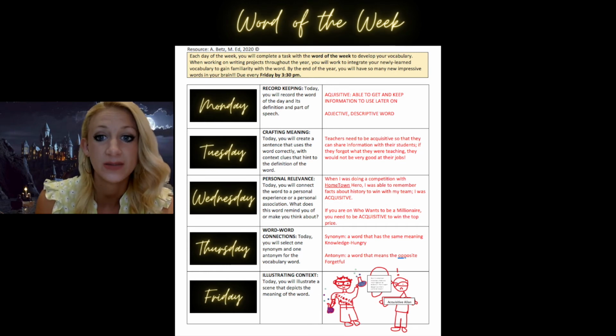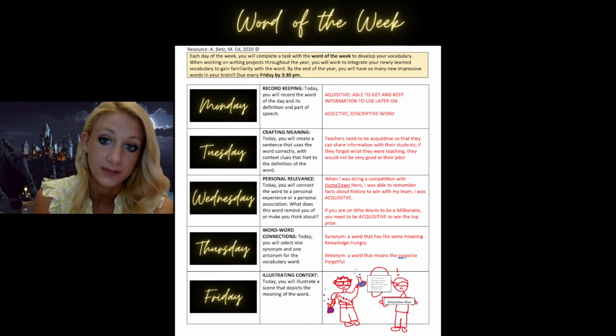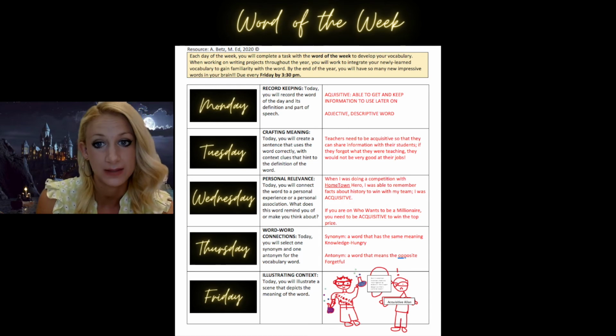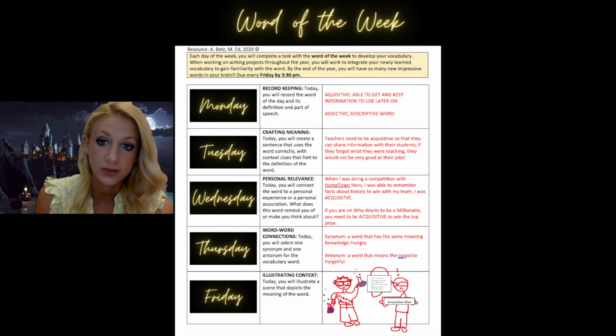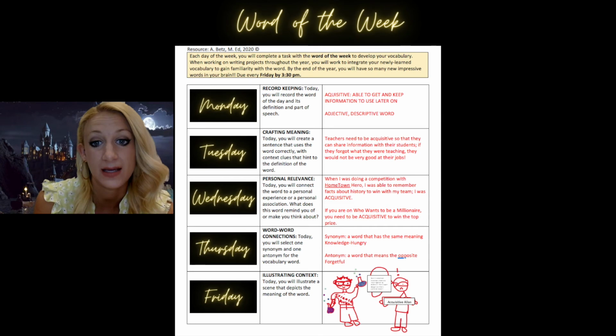So here you're going to be coming up with a synonym, a word that means the same thing, and an antonym, a word that has the opposite definition, the opposite meaning. So for this box, if you want to, you can use resources such as a thesaurus app. A thesaurus is a book that has multiple different same word listings to help you when you're writing.